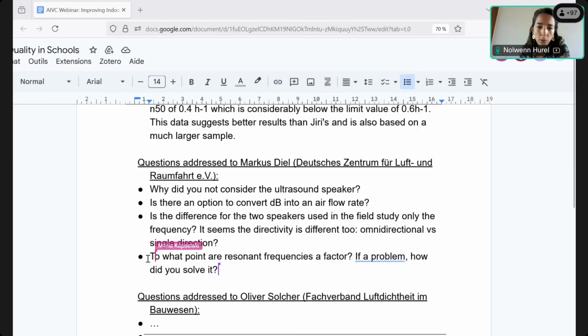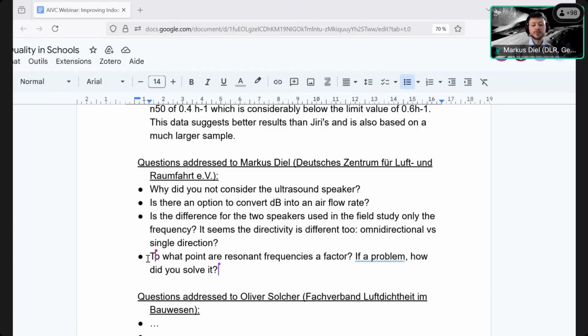To what point are resonant frequencies a factor? If it was a problem, how did you solve it? We had a lot of resonance within our laboratory test bench, or at least maybe it's partly resonance, it's partly just going through the thin walls, because when we originally constructed the test bench, we had more in mind the airtightness than actually soundproofing it.